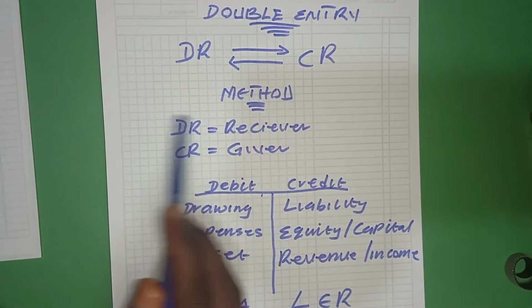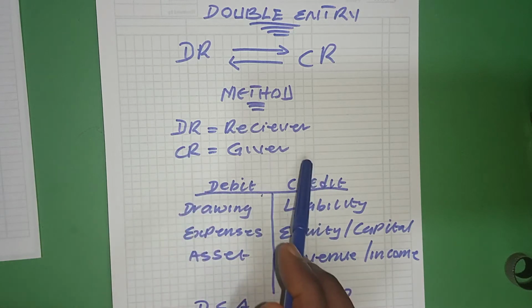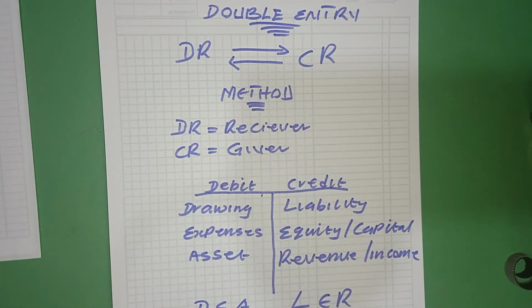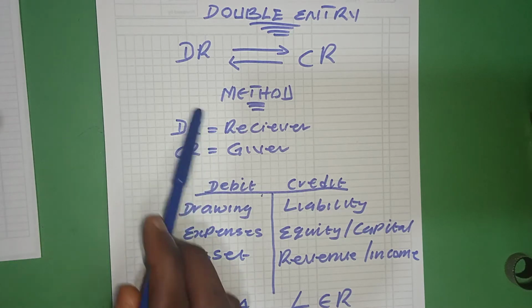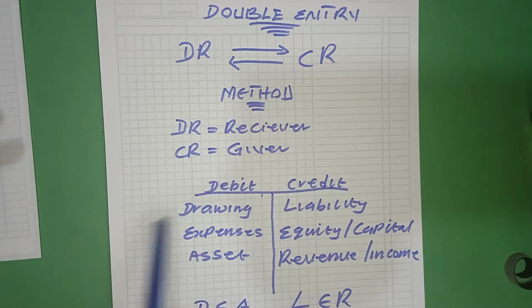Whenever you are receiving, that means somebody is giving you. And whenever you are giving, that means somebody is receiving. I don't know if you're getting it. So just put yourself as the giver and the receiver. Whichever you are doing, know that the other person is doing the opposite.